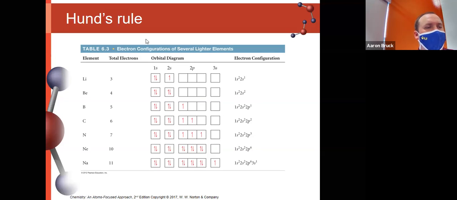Because, again, by convention here, for the p sublevel, for example, this first box, second box, third box do have designated quantum numbers associated with them. We go from the negative extreme on the left to the positive extreme on the right.